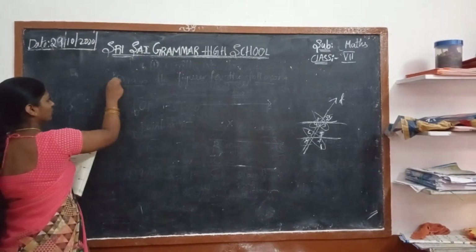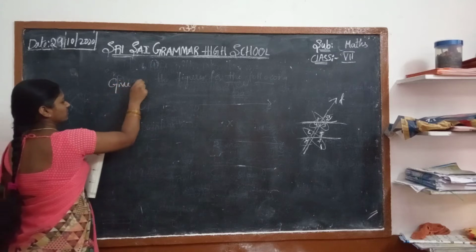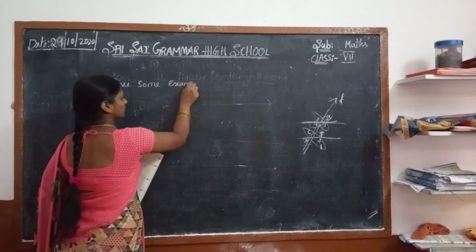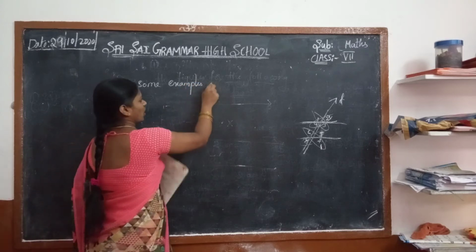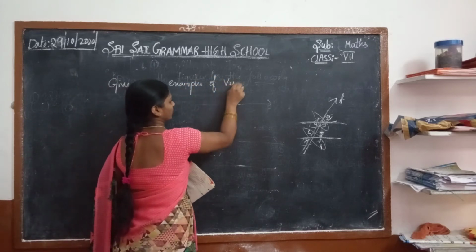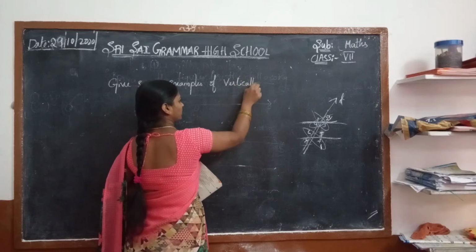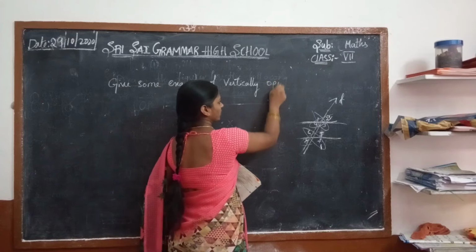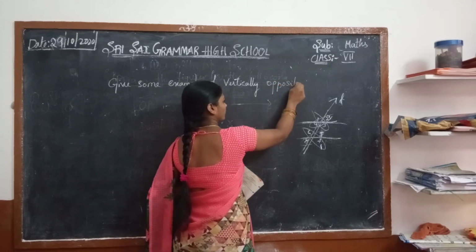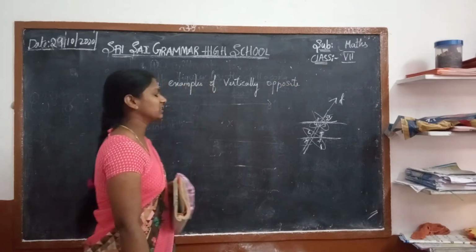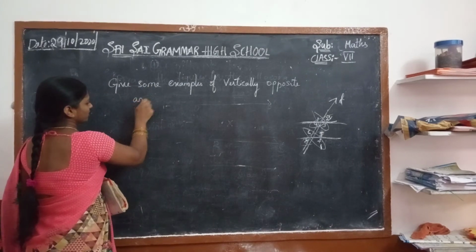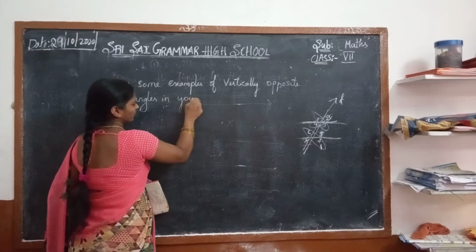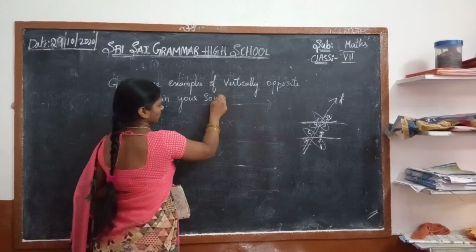Now, give some examples of vertically opposite angles in your surroundings.